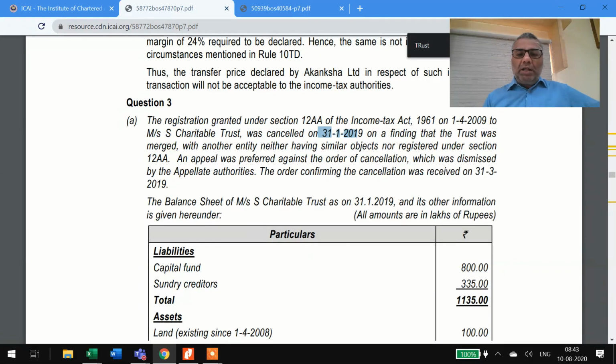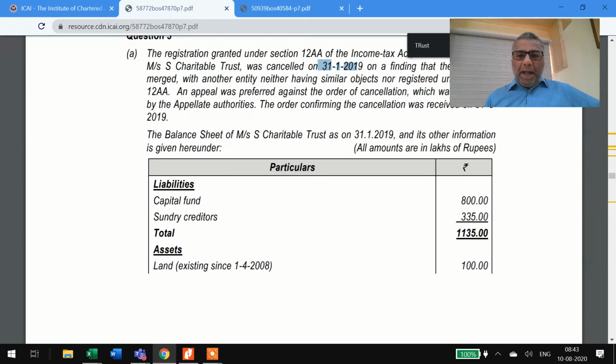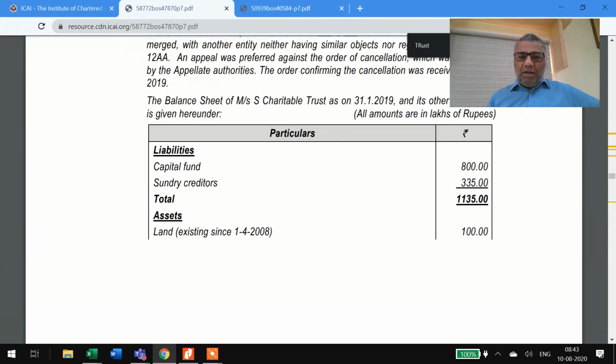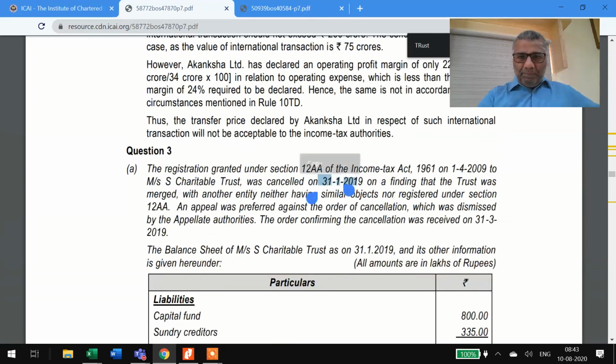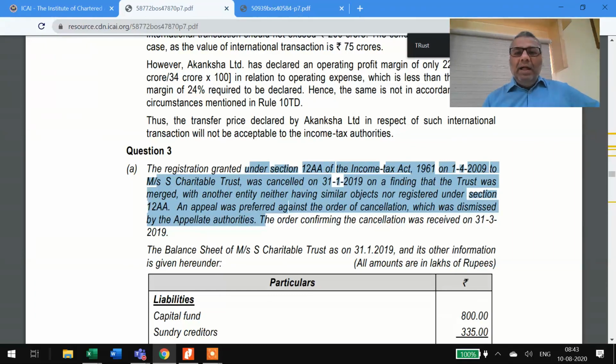The order confirming the cancellation. The balance sheet on that date: capital fund, creditors. Assets: land existing since 1/4/2008. The registration of the trust was on 1/4/2009.